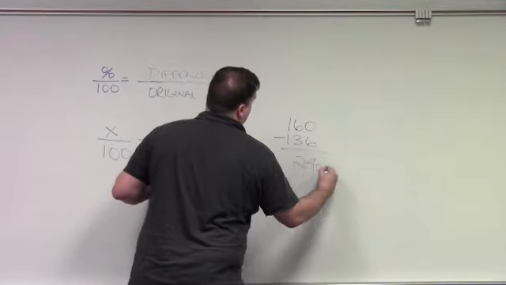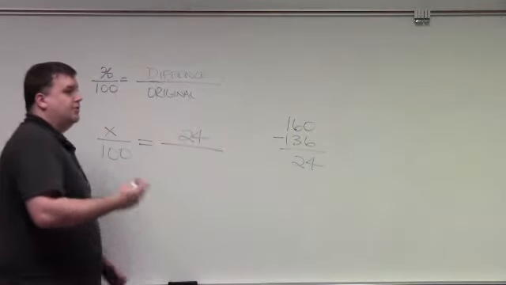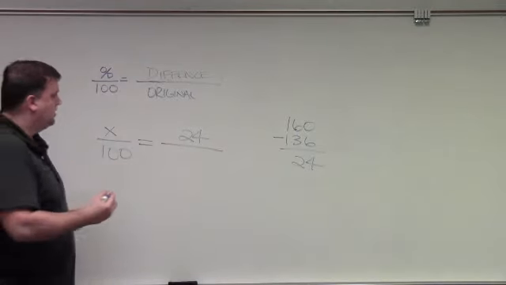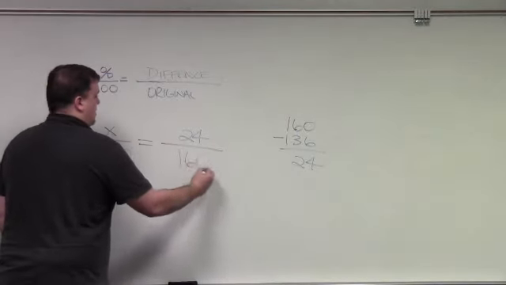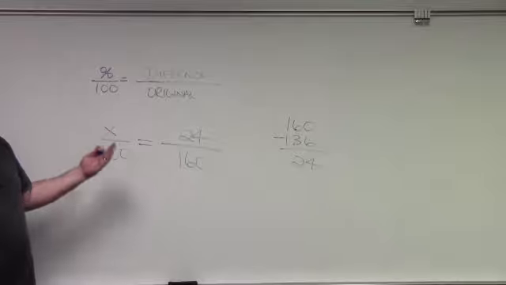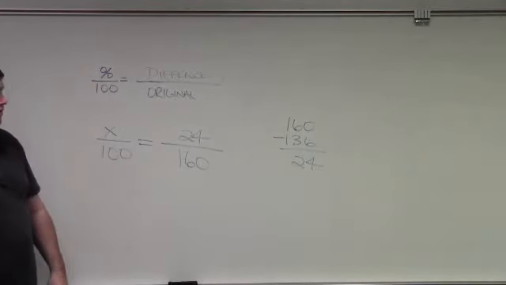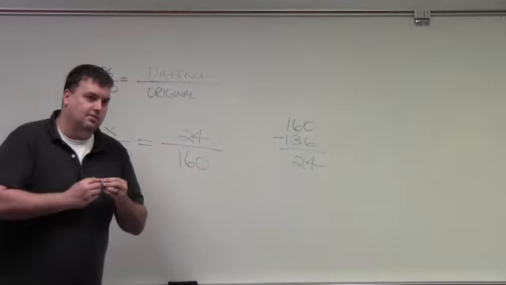And when you subtract those, you do get 24. And then what was the original weight? 160. And then you cross multiply and divide. So even if it says percent increase and decrease, you can still use that same setup: the difference over the original.